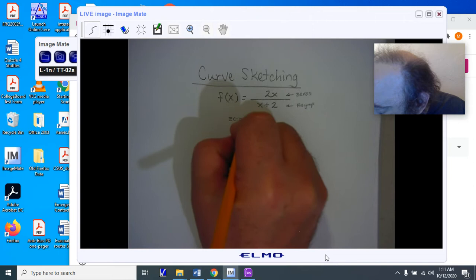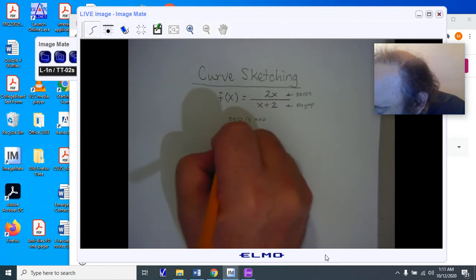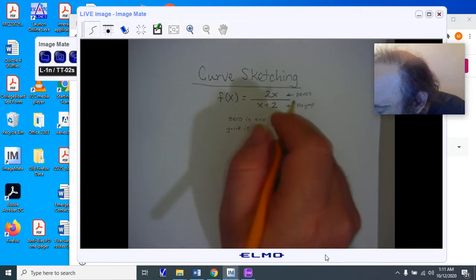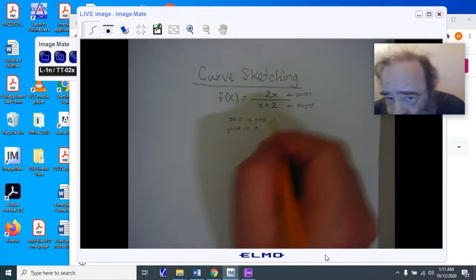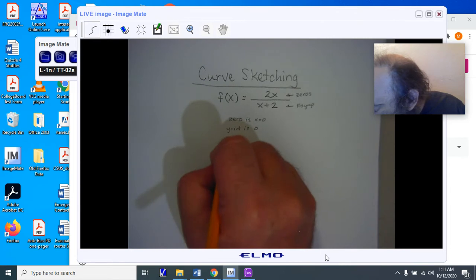Our zero is x equals 0. This will then identify our y-intercept is also 0. So we have 0, 0. We have an asymptote.